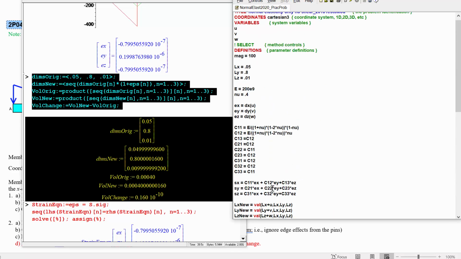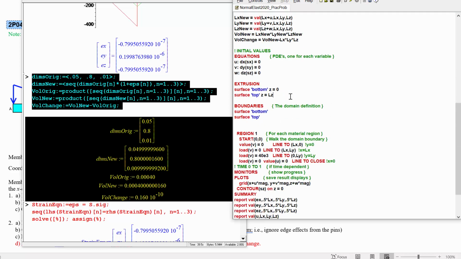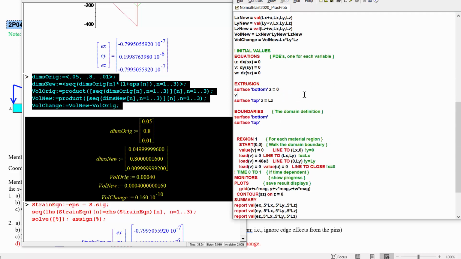So with it rotating around, we can't just take Lz plus W at the far corner and say that that's the new length in the Z direction, unless we also have gone on the Z equals 0 surface and said you're not allowed to move in Z on that surface.